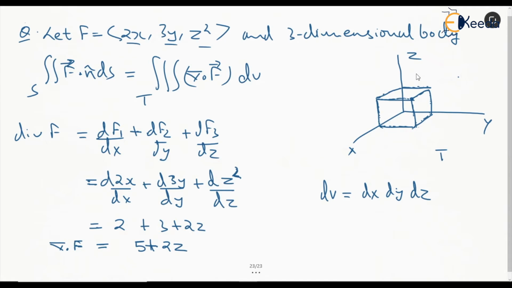If it is a cube, the limits for x, y and z are all going to be the same. X will have the same limits, y will have the same limits, and z will also have the same limits, right? So all we have to do is the triple integral now.